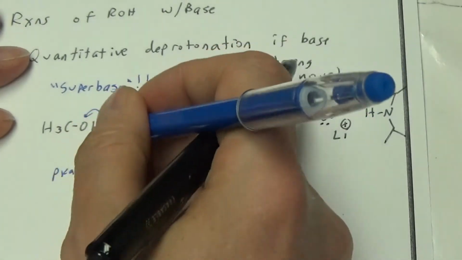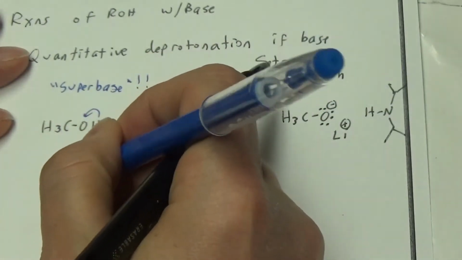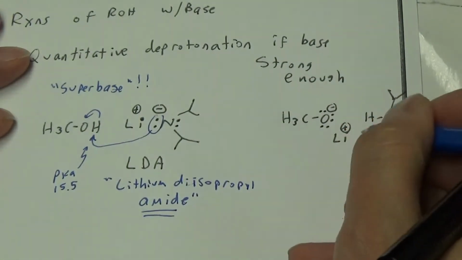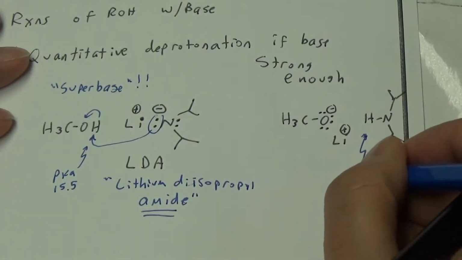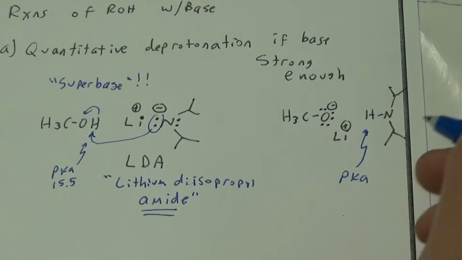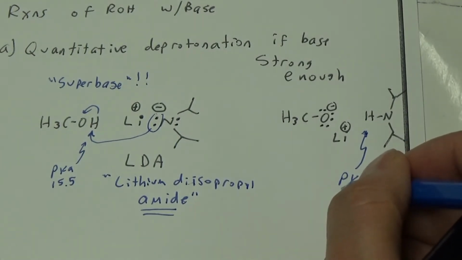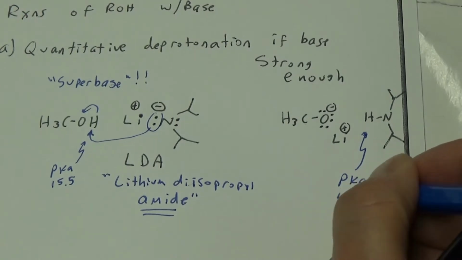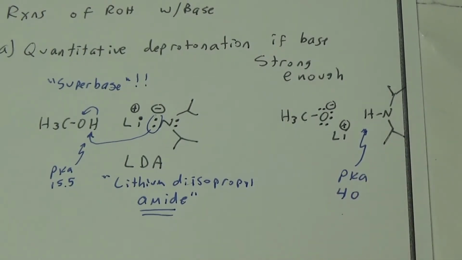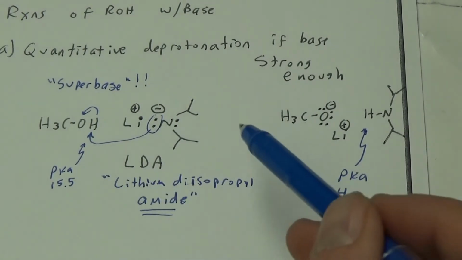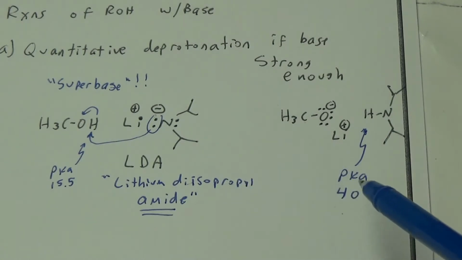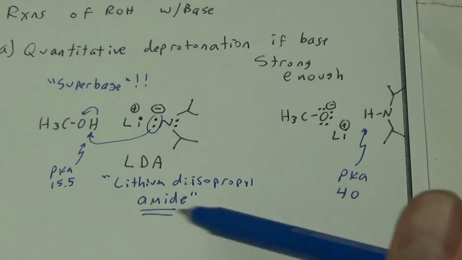pKa of the left acid is 15.5. pKa of the right acid, big number or small number? Huge number. It's about 40, I think. Okay, and so what's the rule? Do you go towards the small pKa or towards the large pKa? The answer is always to the large.